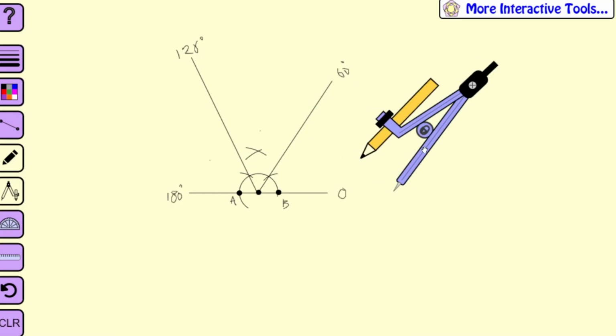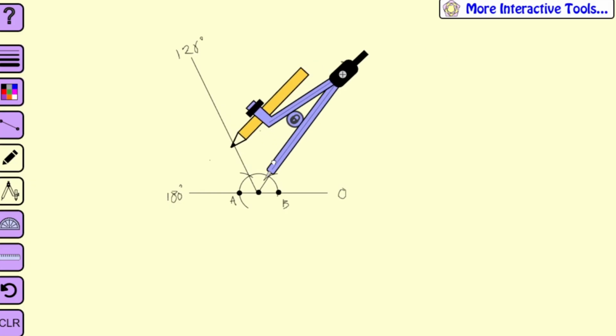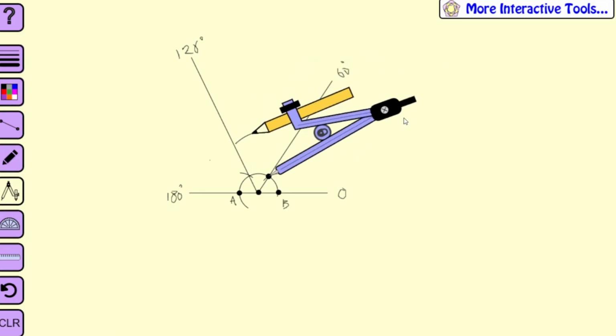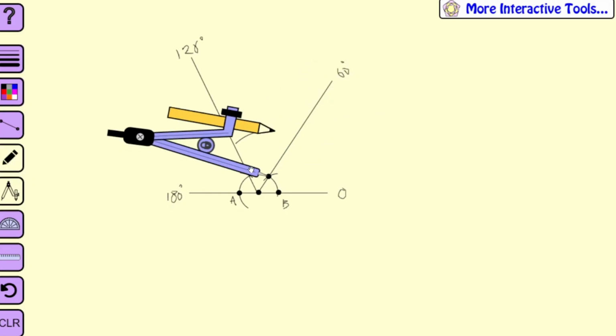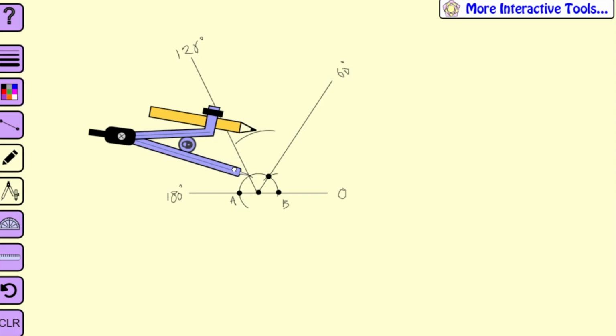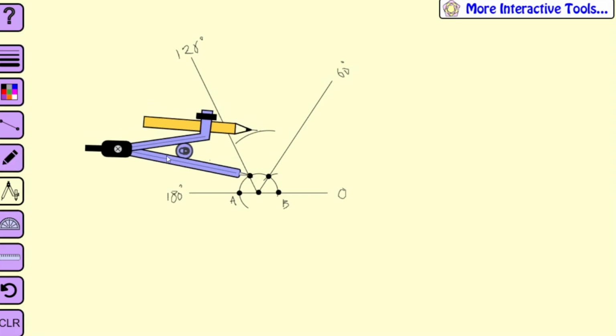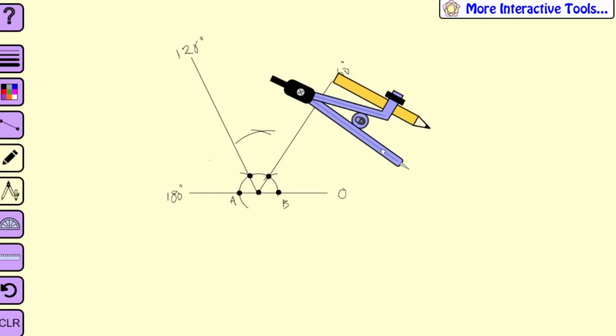Where you cut, you draw your line through, and that's 90 degree. Or using the point at 60, scribe, and then the point at 120, scribe and cut, and you draw your line through, and that is also 90. Whichever method works.